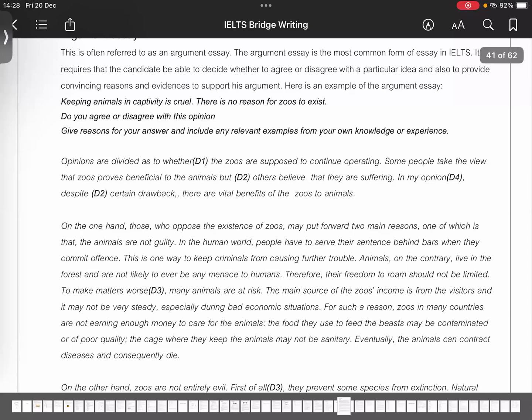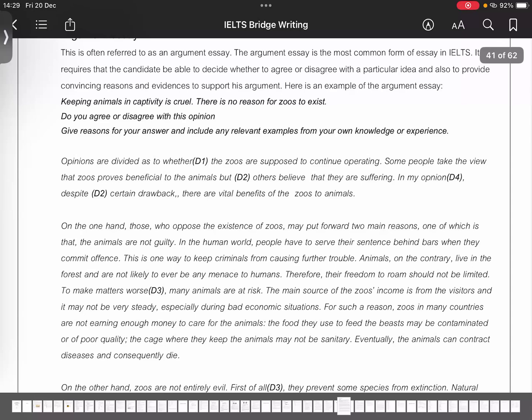There are vital benefits of the zoo. So the fact that he used the word despite means that he actually put more emphasis on the vital benefits of the zoo while acknowledging some drawbacks, right? You understand? So this guy put more emphasis on the benefits. So what does that mean? That means he doesn't really think that the zoo should go away, okay? Because even though the zoo has its own negative aspects, it still has some very, very important benefits.